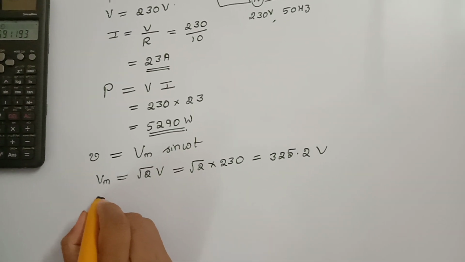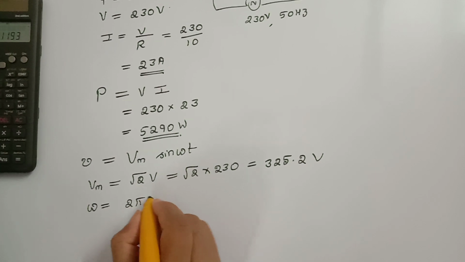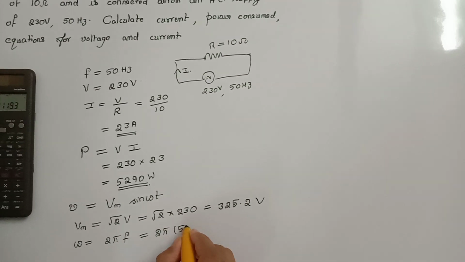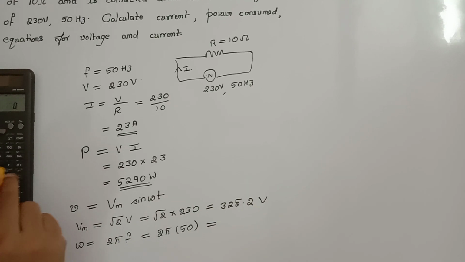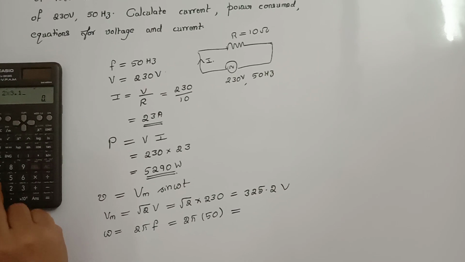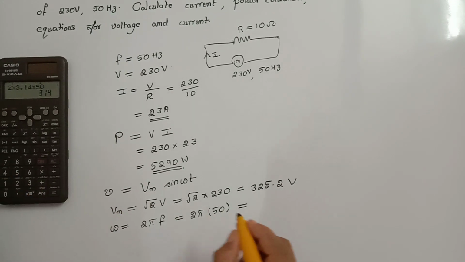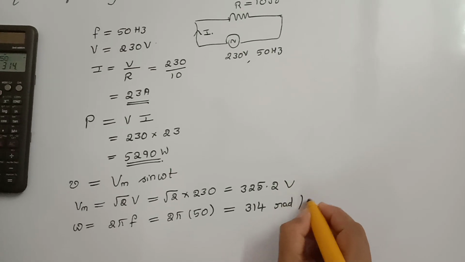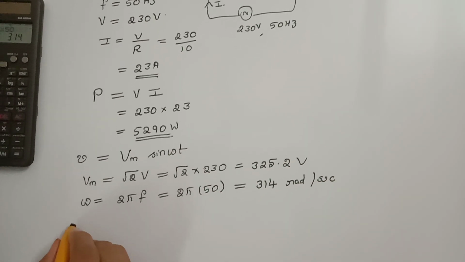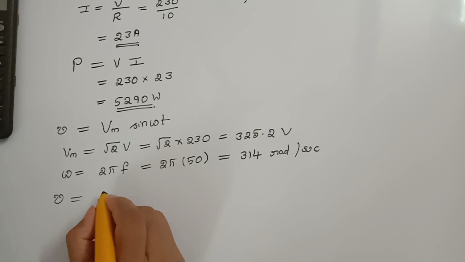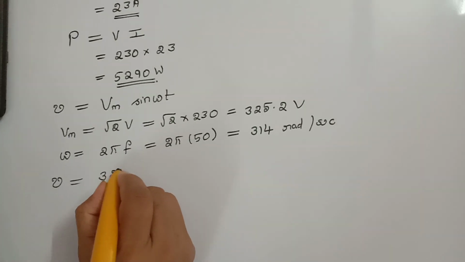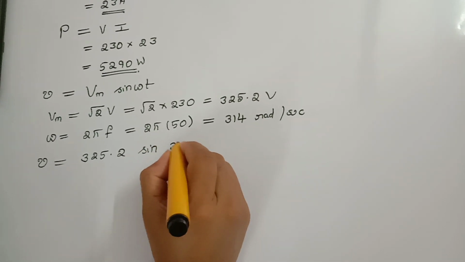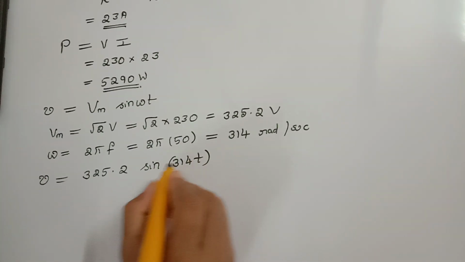So omega is given by 2 pi into f, where f is 50, that is the frequency. We'll get 2 into pi into 50 is equal to 314 radians per second. Now we'll write the equation. Therefore v is equal to 325.2 sine of 314 t.